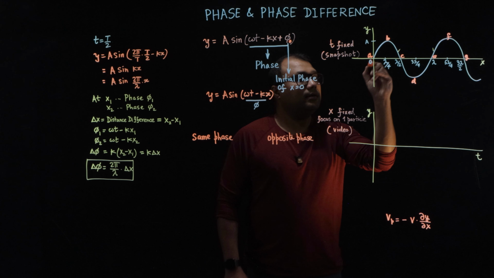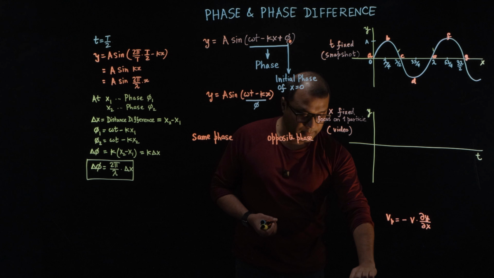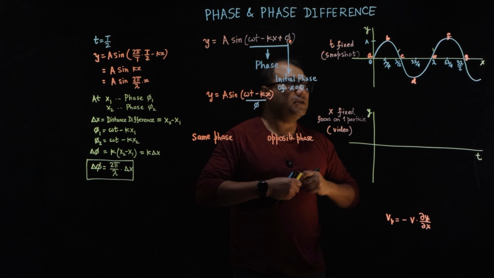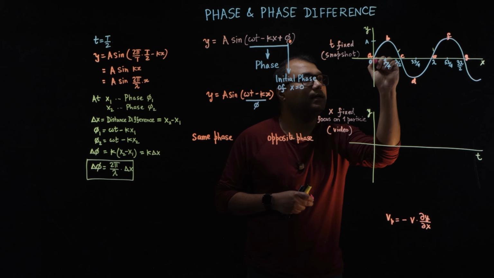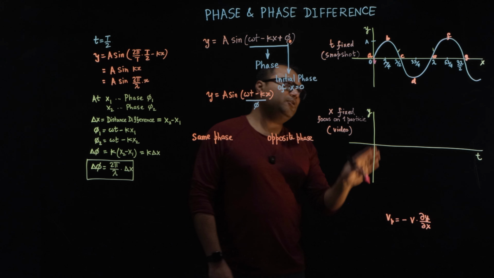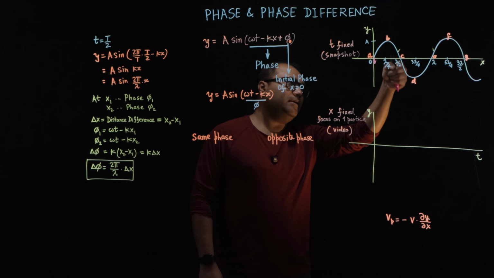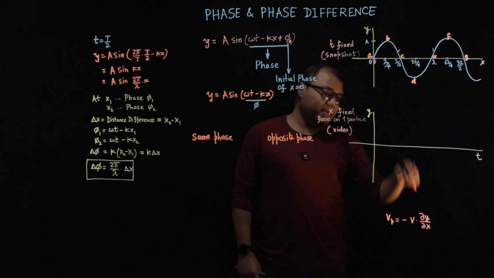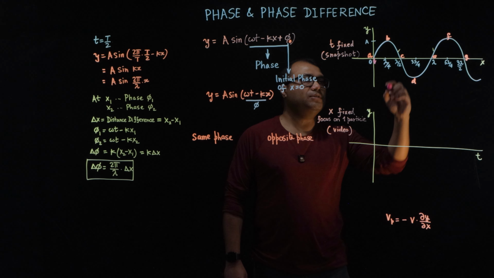So here the particle, in the next instant, is trying to move downwards. What about C? Where is the particle trying to move in the next instant? Here, the slope at point C is negative. Negative times negative is positive.